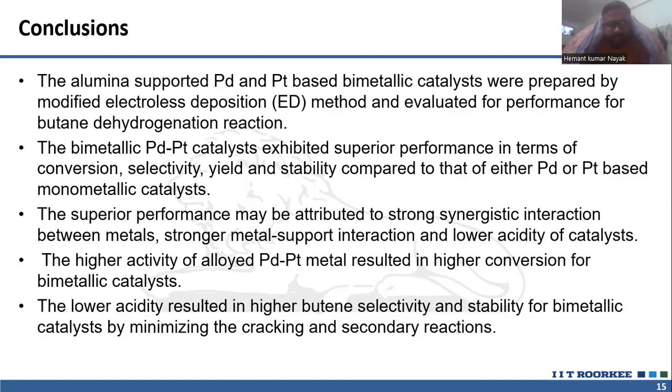The superior performance may be attributed to strong synergistic interaction between metals, stronger metal support interaction, and lower acidity of the catalyst. The higher activity of palladium platinum metal resulted in higher conversion for the bimetallic catalyst. The lower acidity resulted in higher butene selectivity and stability for the bimetallic catalyst by minimizing coking and the secondary reactions.